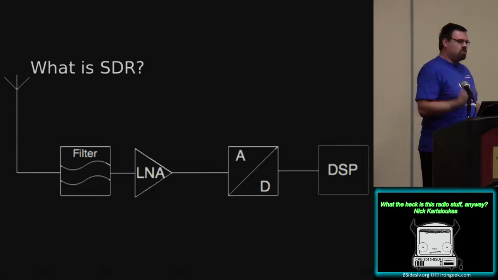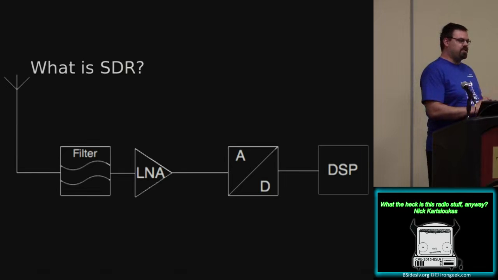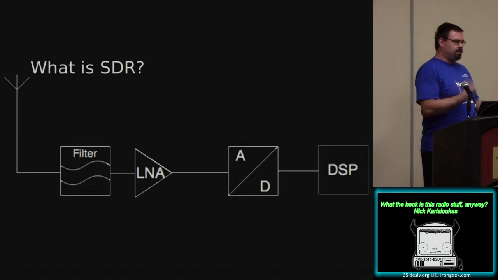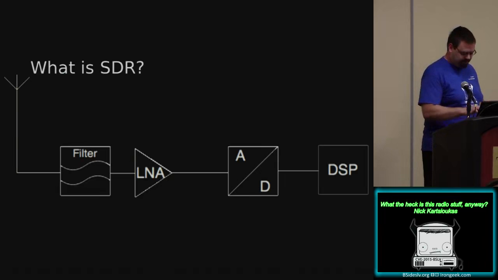So there's a cool property of radio signals where if you mix two signals together, you get the first signal, the second signal, the sum of the signals, and the difference of the signals. So if you have a 100 megahertz signal that you're mixing with a 110 megahertz signal, you get those two original signals. You also get 210 megahertz out and 10 megahertz out.